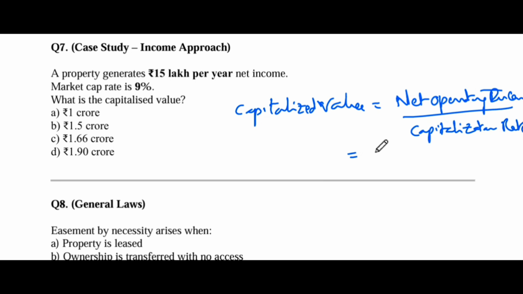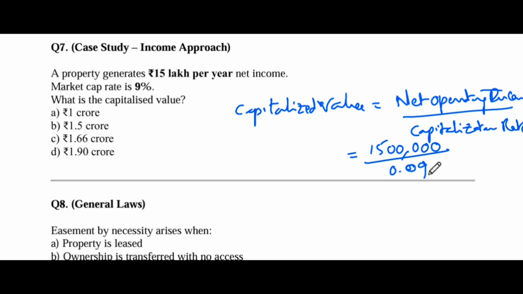We have previously discussed it. So the net operating income will be 15 lakh divided by 9%. That means yearly he's getting 15 lakhs net operating income and the capitalization rate is 9%.